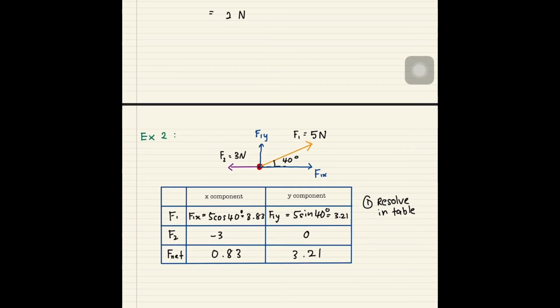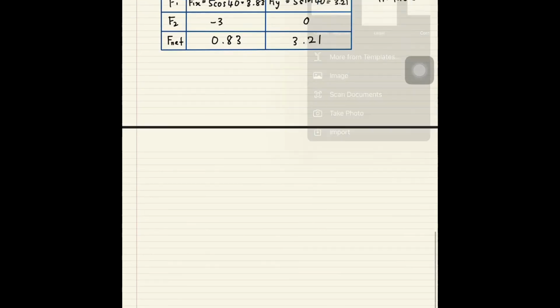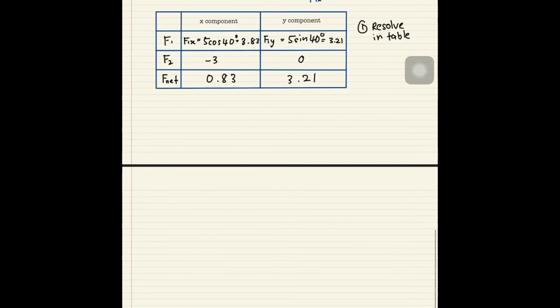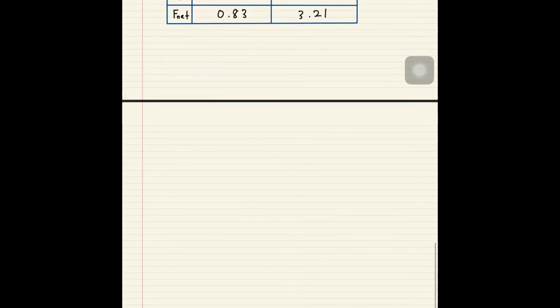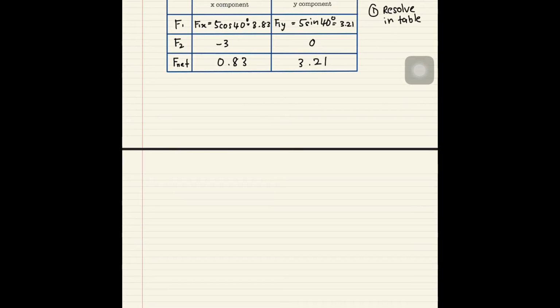Okay, the next step would be find the resultant. The last step is to find the direction of the resultant vector.